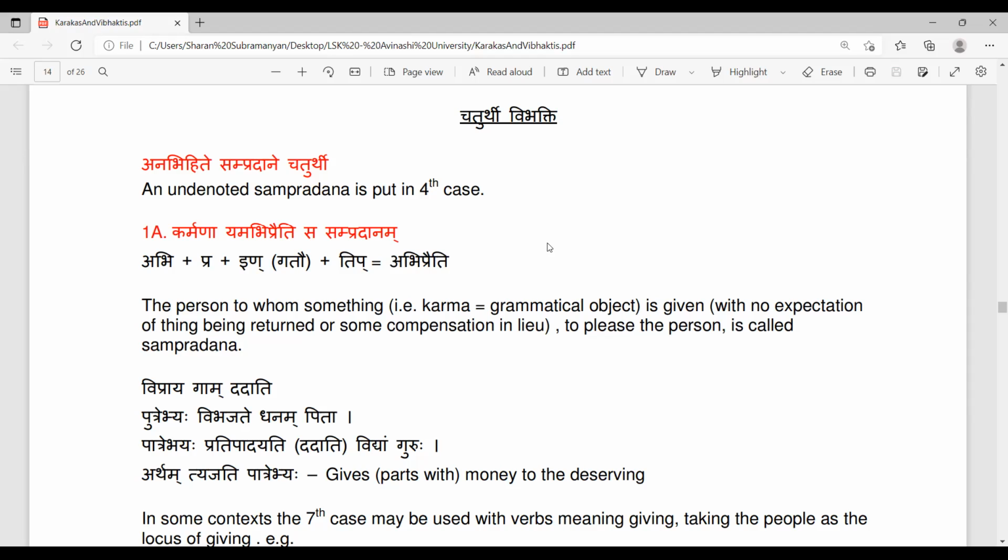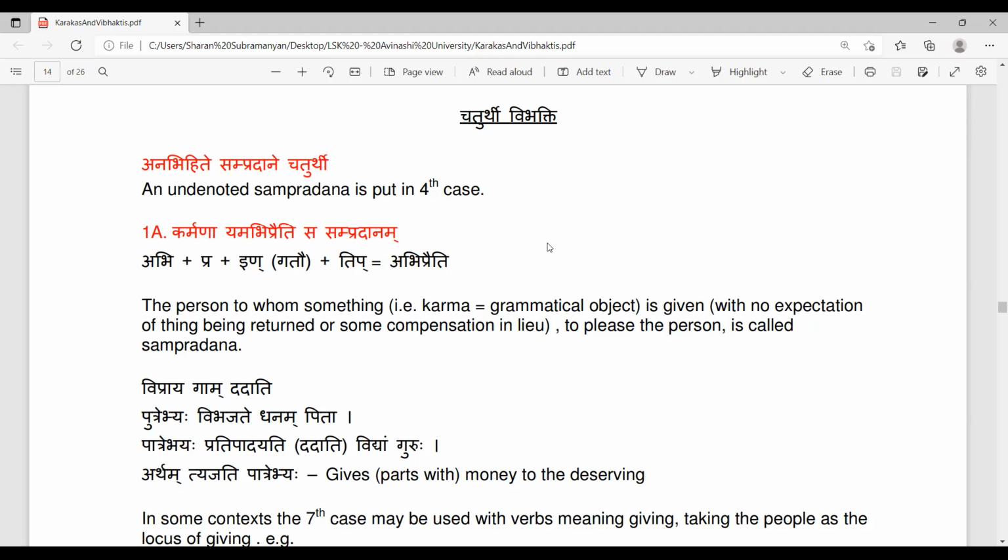So what is given, the karma, will take Dvitiya Vibhakti, we know. Here karma means the grammatical object, not the physical object.